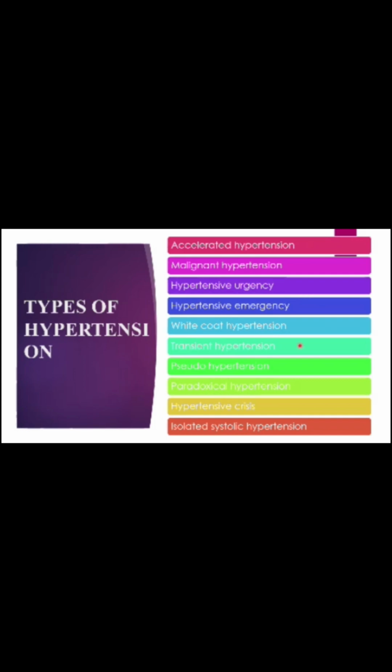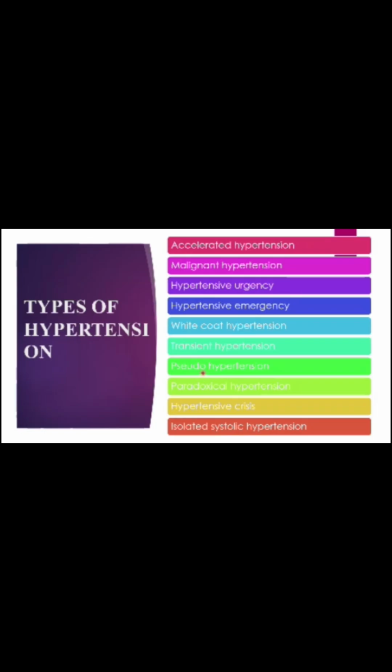Then transient hypertension. Transient means lasting for a while. Transient hypertension is like white coat hypertension. BP will increase for a while in cases of CVS, MI, or pregnancy. This type of hypertension is called transient hypertension.